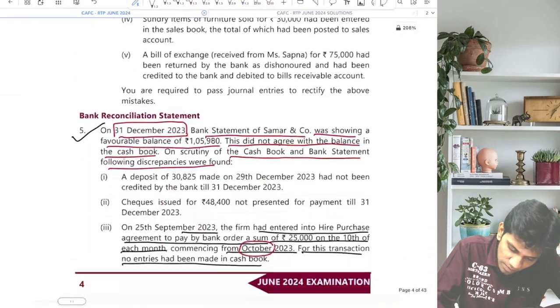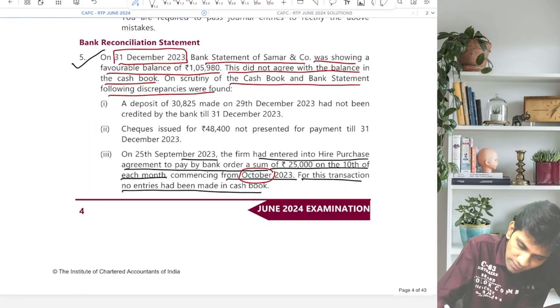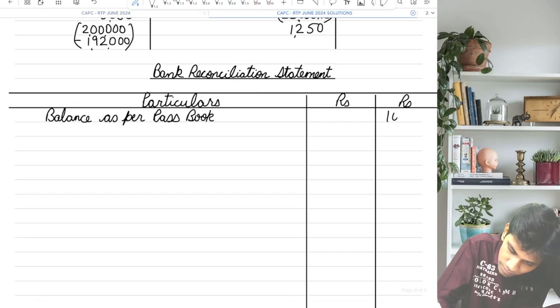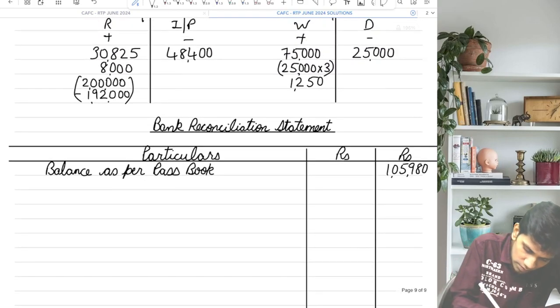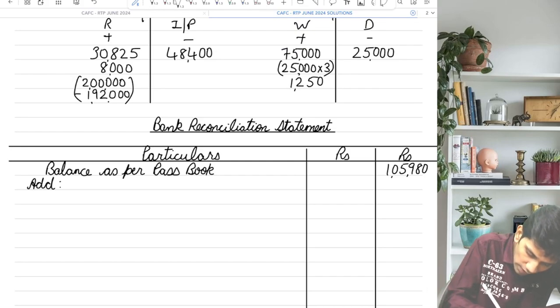What is the balance as per passbook given? 1,05,980. In that we'll add all items first. So we'll take all items one by one.